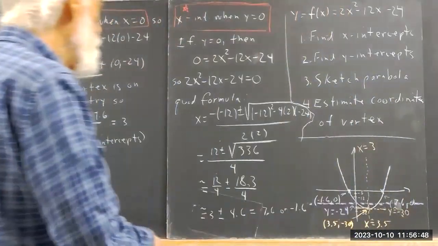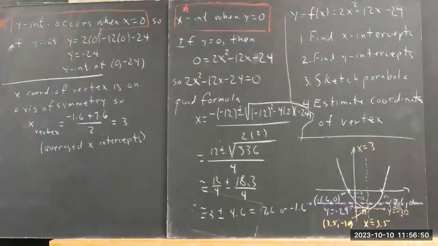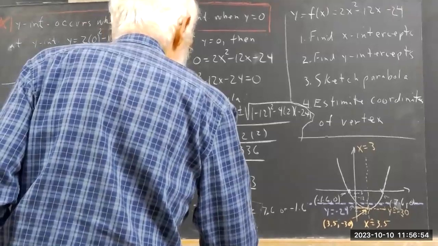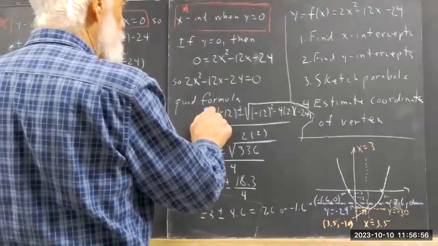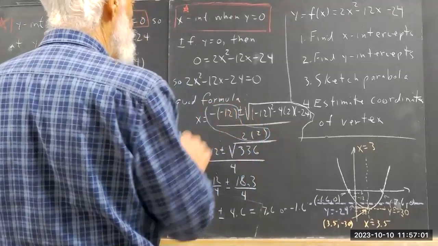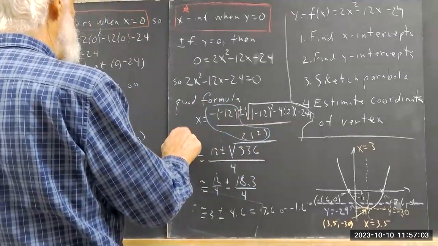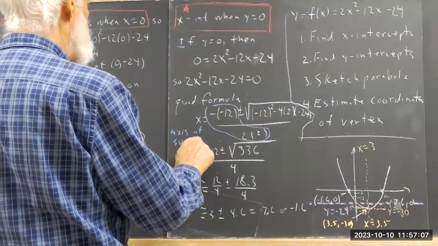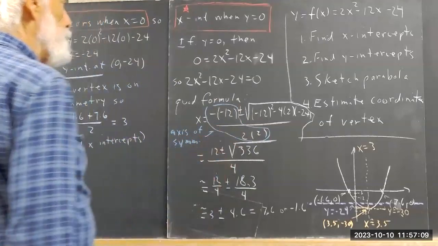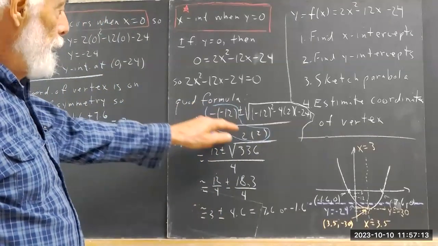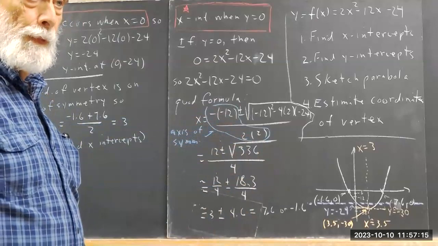Now, another way of saying that x equals 3 is to say that the axis of symmetry sits right here in the quadratic formula. It's -b divided by 2a.